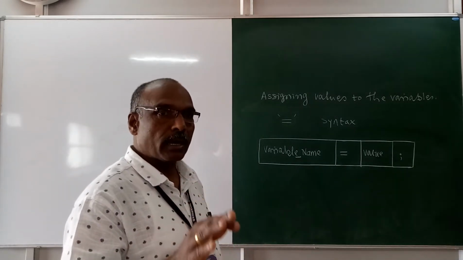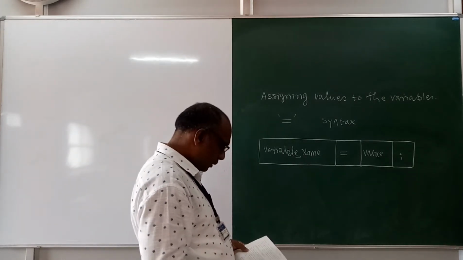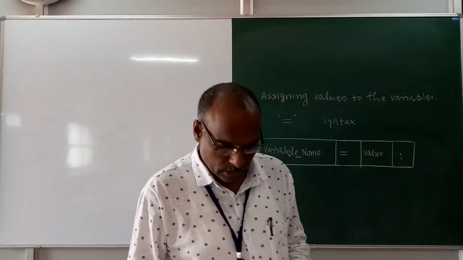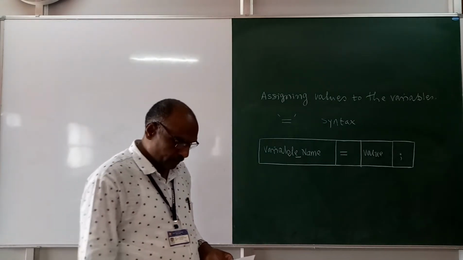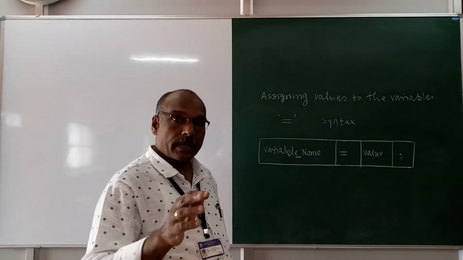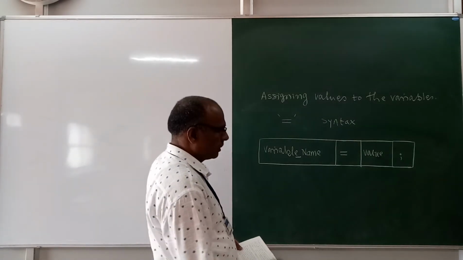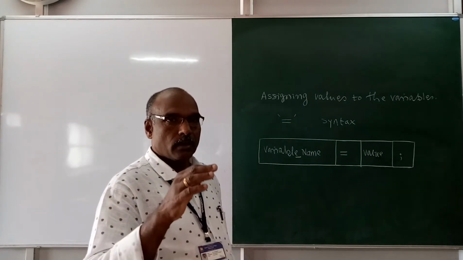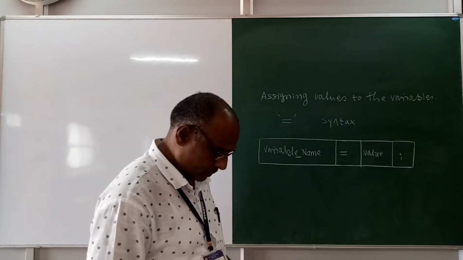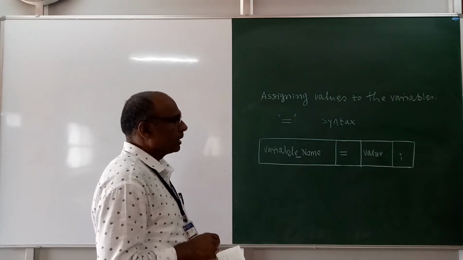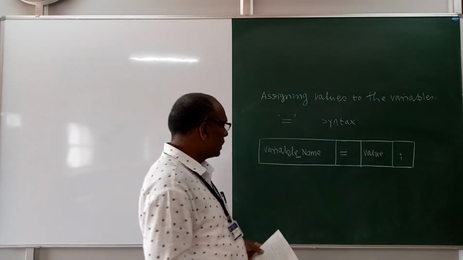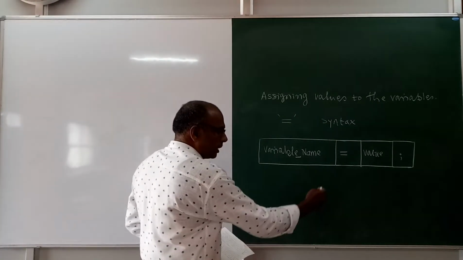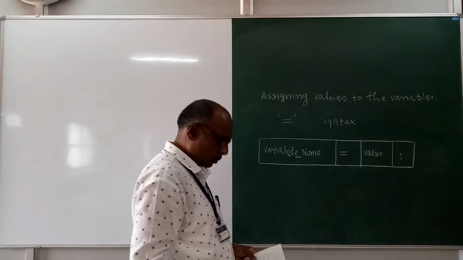In the first method, initial values of the variables can be assigned within the declaration section, and that we have discussed yesterday. In the second method, the initial values of the variables are assigned in the executable section of a program.